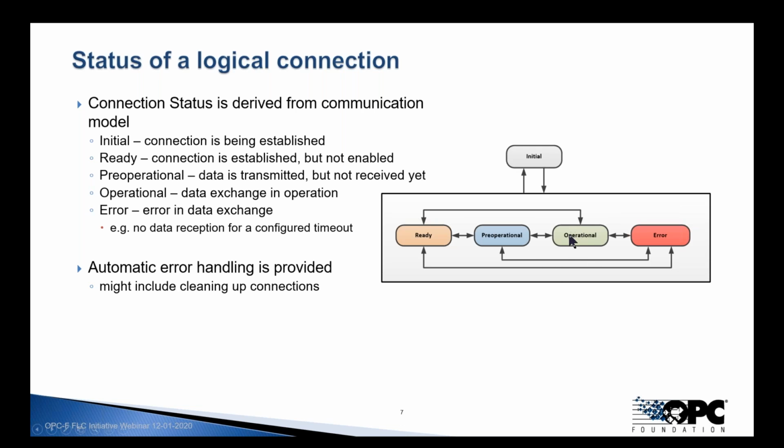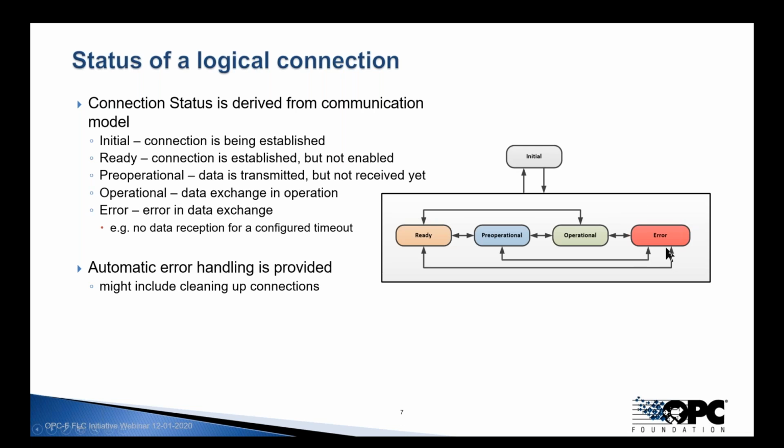Now, if the connection is working, we go into the state operational. And if something happens, like a data reception timeout, that is, we didn't get any data for a configured timeout, we go into the state error. In the state error, we define a cleanup timer, which could be something between a small amount of time and infinite.